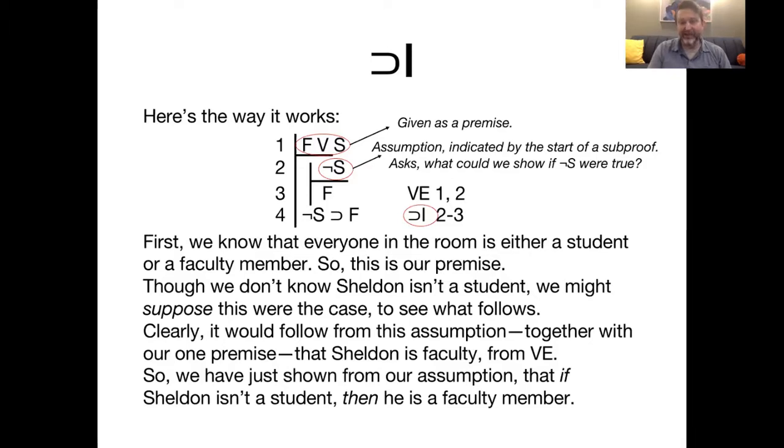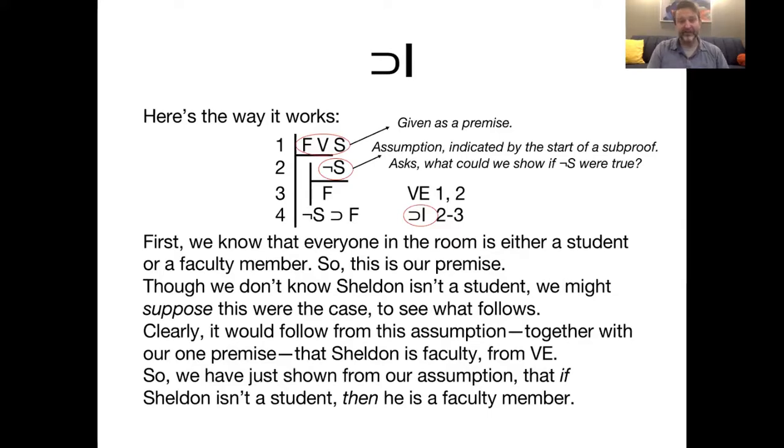And so what we cite here is, we actually cite this whole subproof that ran from assuming that it's not the case that S to F. And what that subproof shows is, not that not S is true or not that F is true, but that if not S were true, then F would follow. Okay, so that is what we've demonstrated using our assumption that not S.